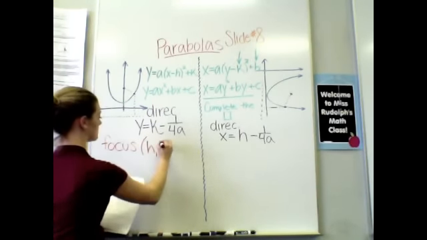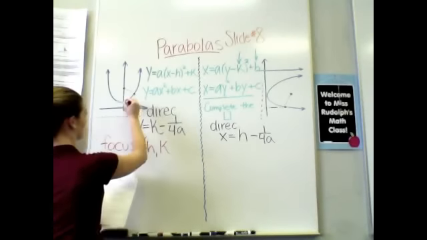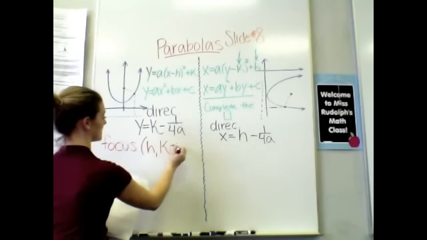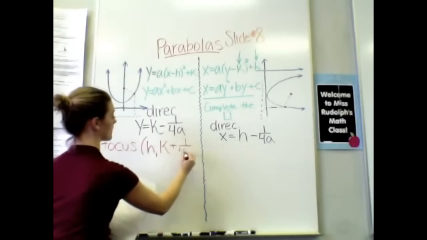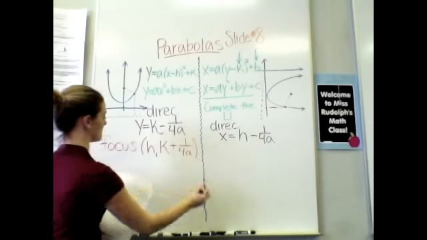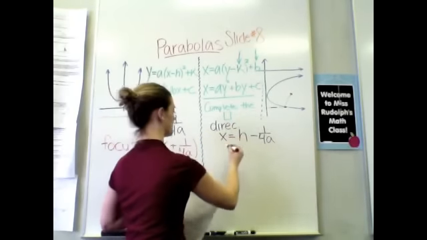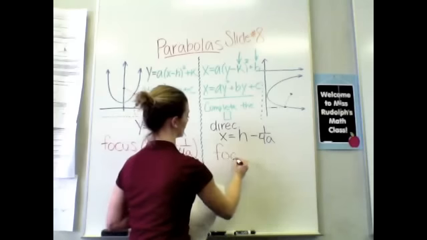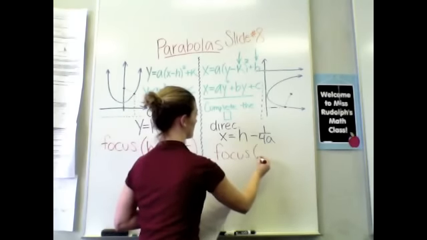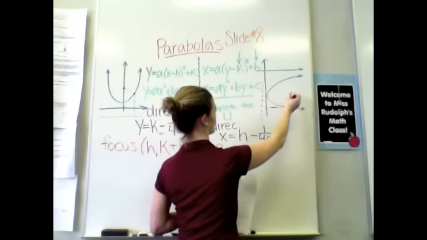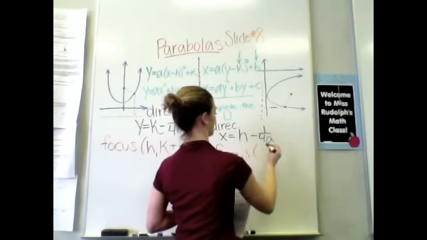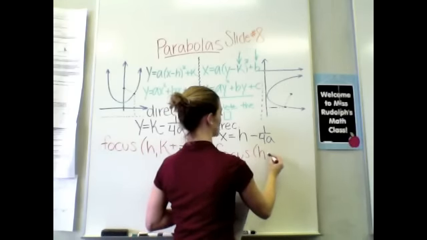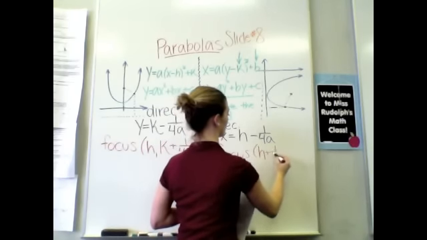That won't change. But our y coordinate will change by adding 1 over 4a. Here, again, we're going to have a coordinate for the focus. This time, if this is my focus, my x coordinate changed for my vertex, so my h will change by adding 1 over 4a.